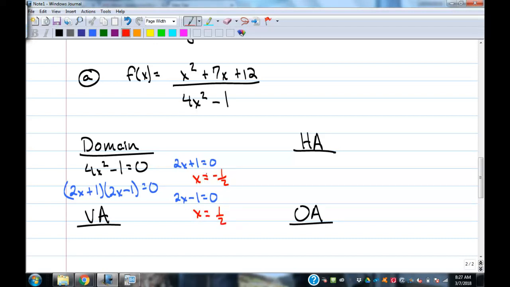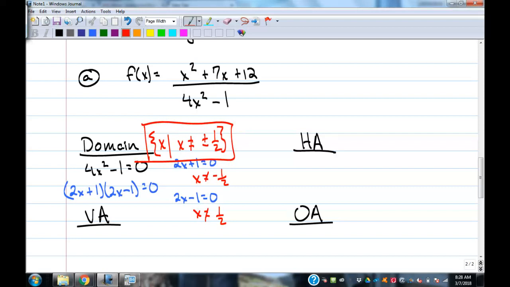Those are the things x cannot be. We're just going to write the domain in set notation, instead of interval notation, because there's a lot to do. So I think set is easier, especially for this. So x does not equal plus or minus 1/2. That's our domain.